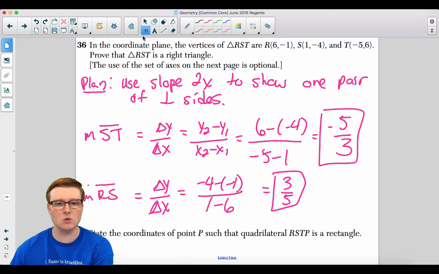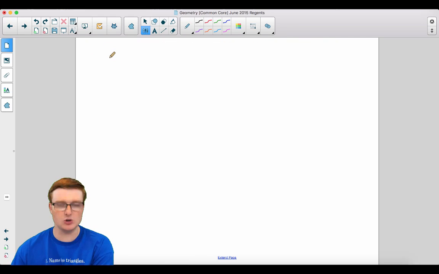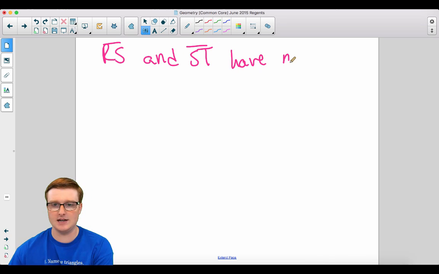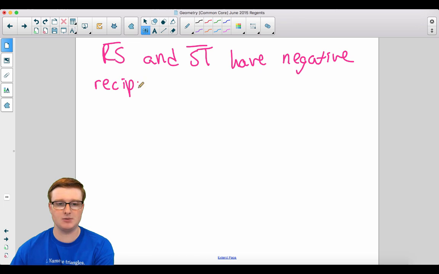So I'm going to put a conclusion in somewhere. You just write this underneath. You need to say that RS and ST have negative reciprocal slopes.